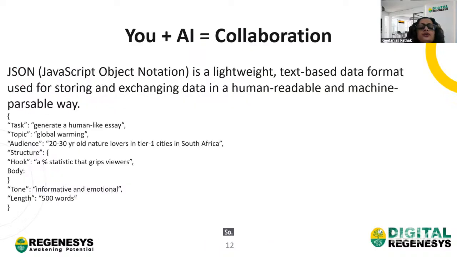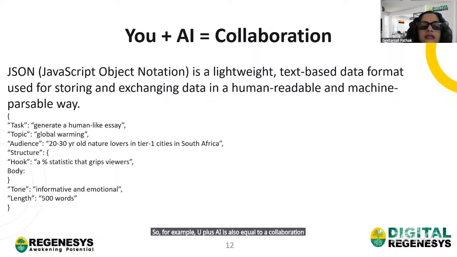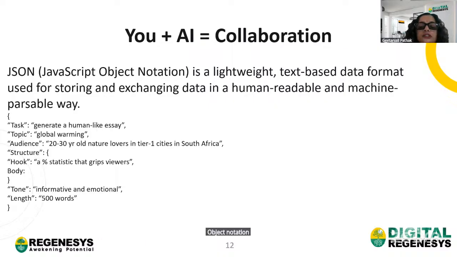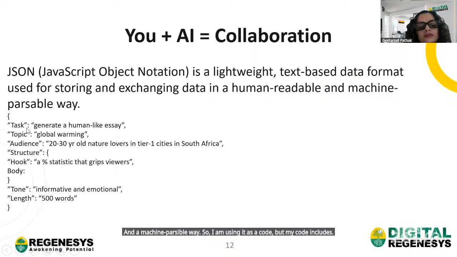For example, you plus AI is also equal to a collaboration where we are using JavaScript Object Notation, which is text-based data used for storing and exchanging data in a human-readable and machine-parsable way. I am using it as code, but my code includes certain specifications. For example, generate a human-like essay where the topic is global warming.